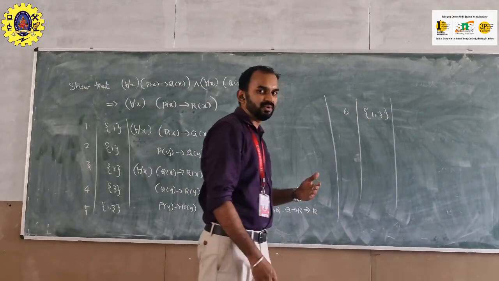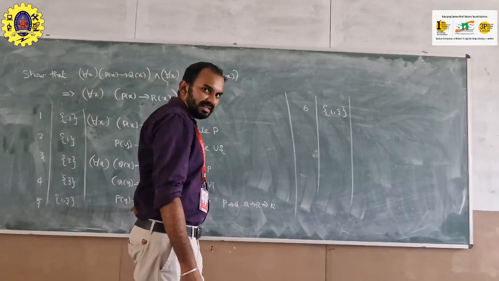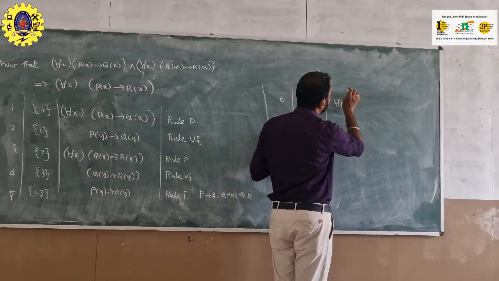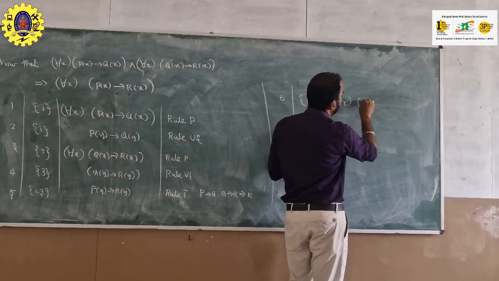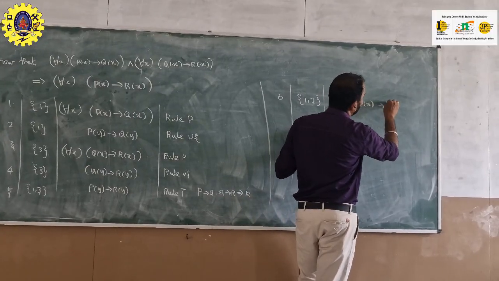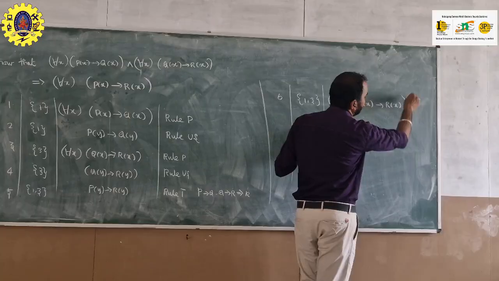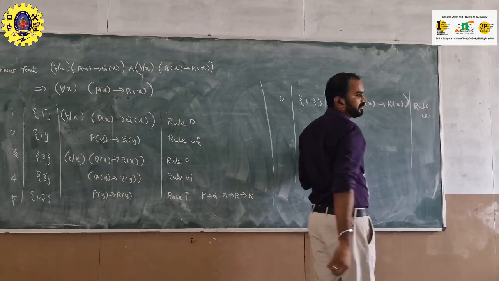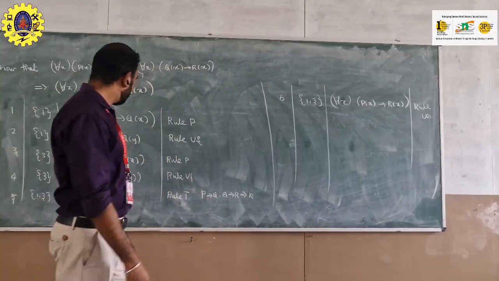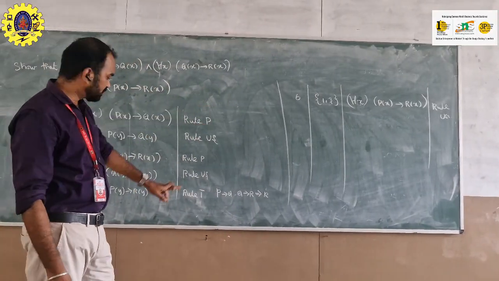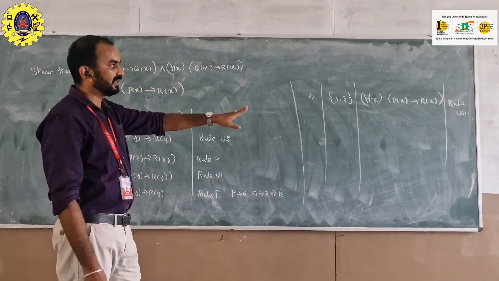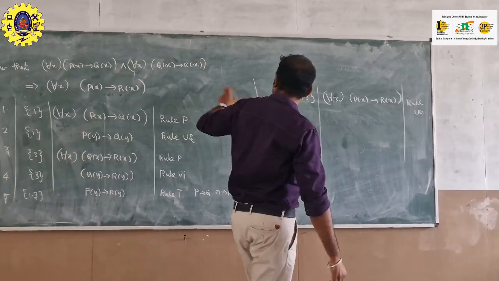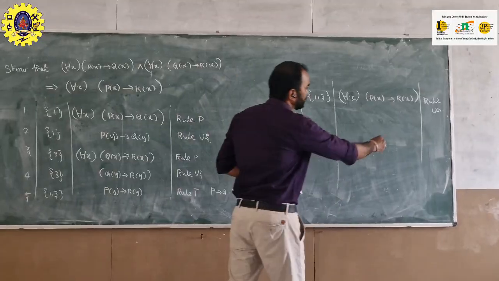I use rule UG to introduce for all x in this term: ∀x (P(x) → R(x)). Here I applied rule UG, that's why I change variable y to x. See, the final answer is ∀x (P(x) → R(x)). This is our final answer.